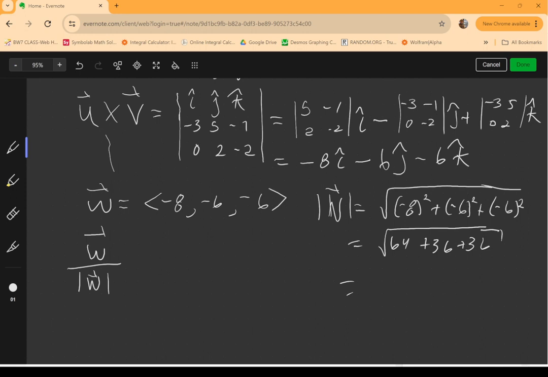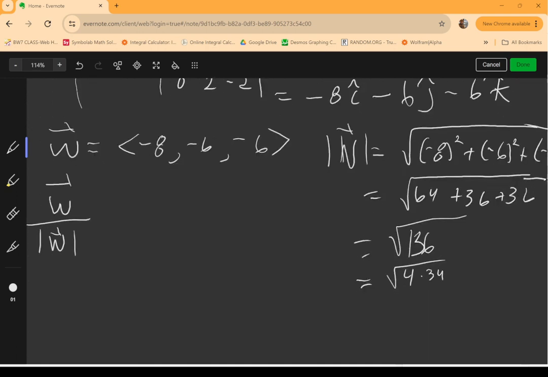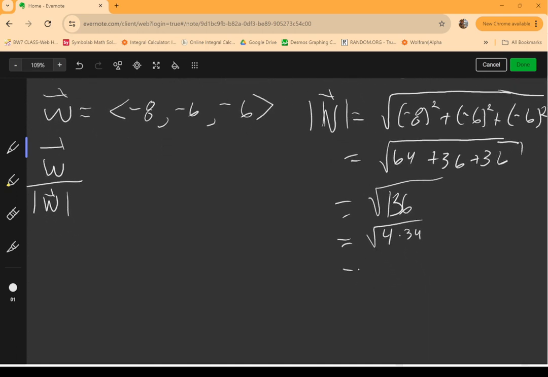That is 136. Okay, does 4 go into this? Yeah, this is the same thing as 4 times 34, so we get 2 root 34 in simplest form.